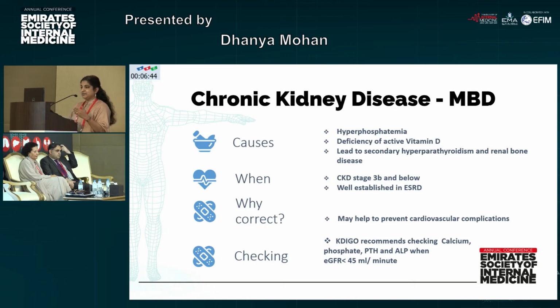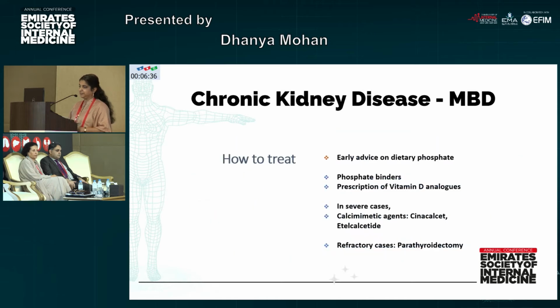KDIGO recommends checking calcium, phosphate, PTH, and ALP when the GFR is less than 45 mL per minute. And how do we treat them? With early advice on dietary phosphate, a low phosphate diet, with phosphate binders, prescription of vitamin D analogs, and in severe cases, especially in CKD stage 5 or those on dialysis, we use calcimimetic agents like cinacalcet, and in dialysis patients, IV etelcalcetide.